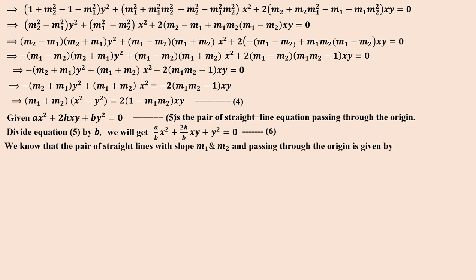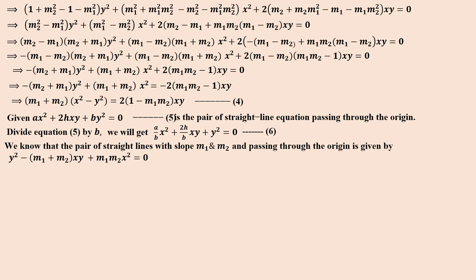We know that a pair of straight lines with slopes m1, m2 and passing through the origin is given by, because this is a combination of line 1 and line 2, so we are multiplying 1 and 2, we will get this line, we already saw in the previous videos, that is y square minus (m1 plus m2) xy plus m1 m2 x square equal to 0.